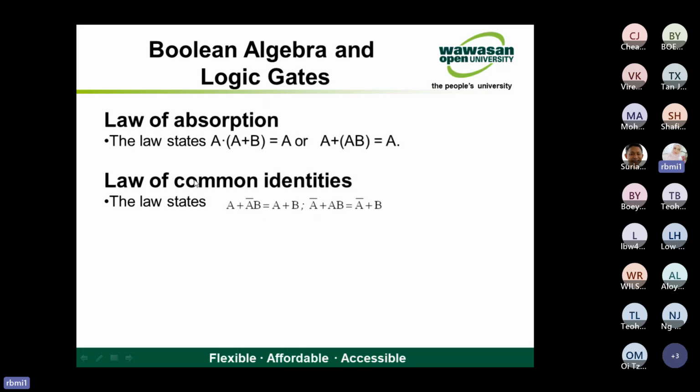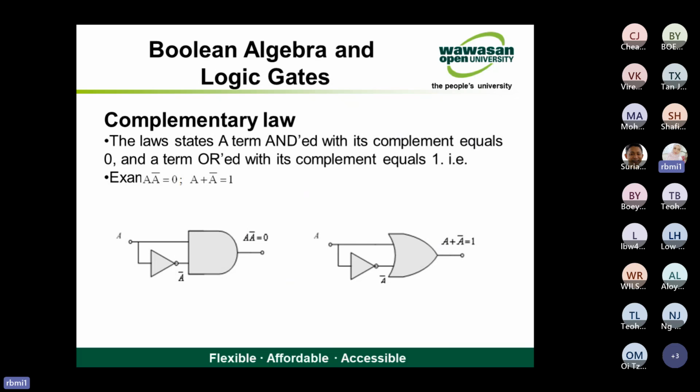So we have the law of absorption like previously, A equals A plus AB. For the idempotent law, A equals AA. And for the complementary law, we have A A bar equals 0.